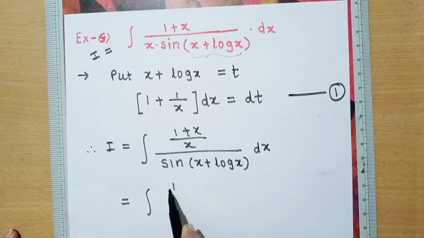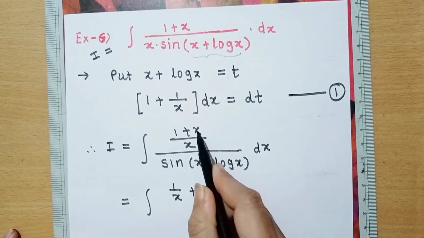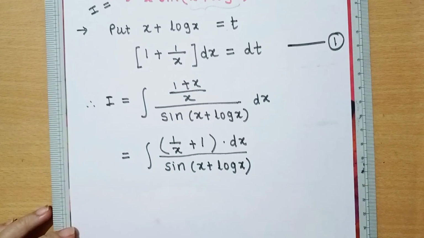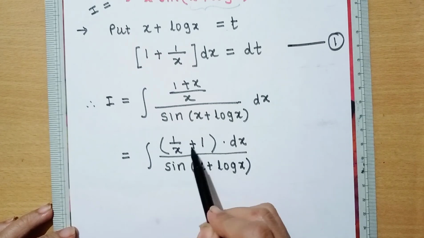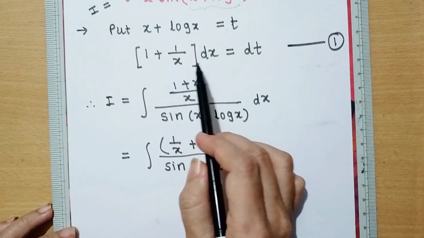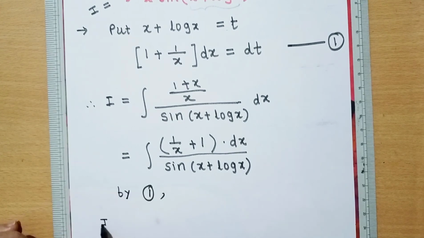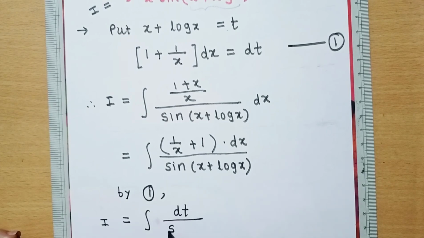So we have 1 upon x plus x upon x means 1, and I am writing here dx, and again this denominator as it is. Check now, this bracket means t, and 1 upon x plus 1 into dx means dt. So by this we will write I is equal to the integration of dt upon sine of t.